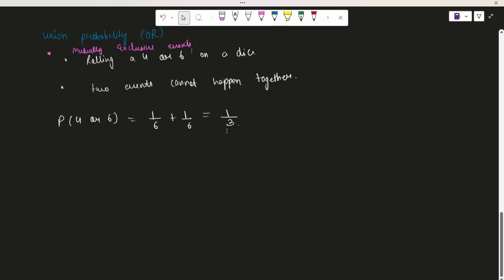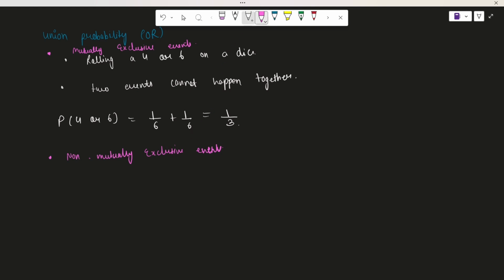And there is another case, case 2, non-mutually exclusive events. Here, if we take the example of heads or rolling a 6 on a dice, then in this case we cannot just add 1 by 2 plus 1 by 6, which gives us 0.66.